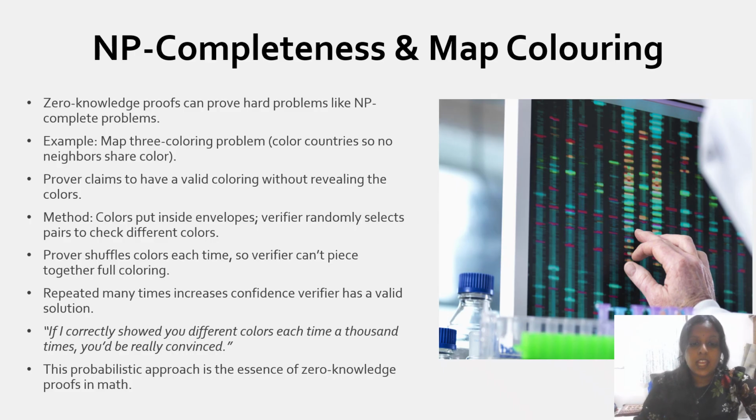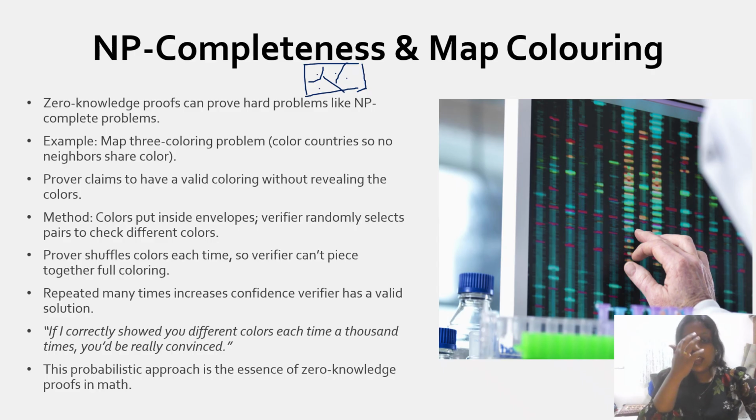Let's see how. I'm going to use an example over here, which is the map 3 coloring problem. The map 3 coloring problem goes like this. Let's say I have a board, and the board is divided into divisions such that each division is a country. This whole board is a map.